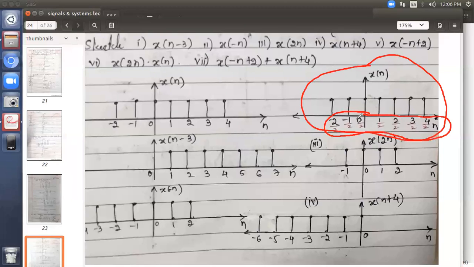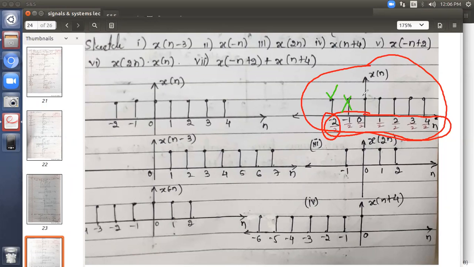Check what the new values are. What is minus 2 by 2? It is minus 1, right? Consider this. What is minus 1 by 2? It is 0.5, a fractional time value. Let us not consider it. We will discard this.